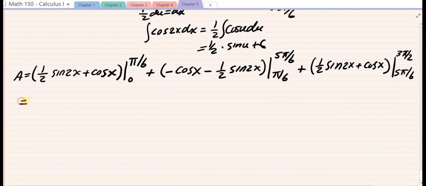Now the upper minus the lower limits, so let's plug them in. 1/2 sine of 2x, that's 2 times pi over 6, which is pi over 3. Sine of 60 degrees, pi over 3, is going to be root 3 divided by 2, plus cosine of pi over 6, which is root 3 over 2 also, right? Now be careful, because of this 0, don't just say when I plug in for x you get 0.